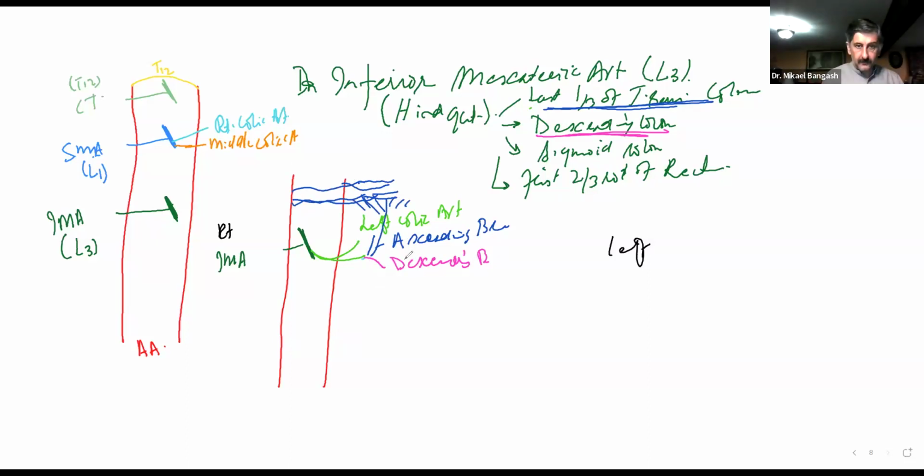The descending branch of your left colic artery is responsible for supplying blood to the descending colon.